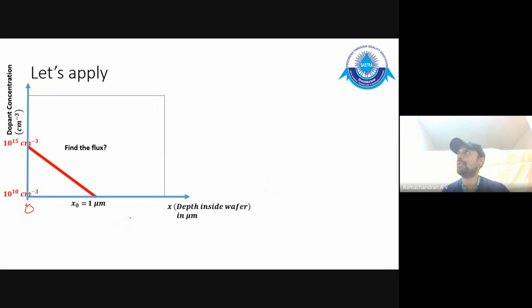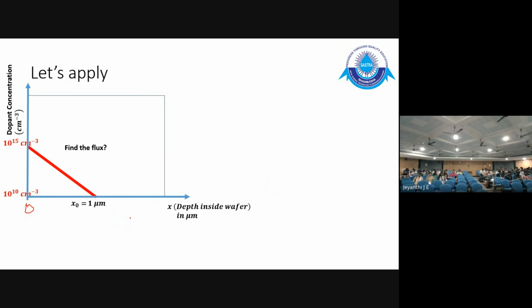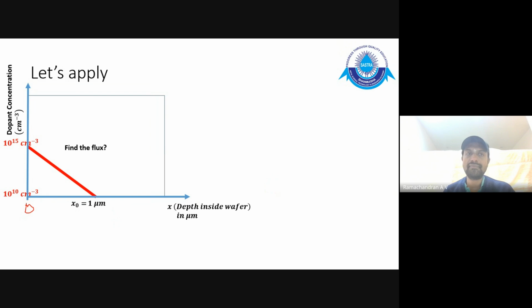Yes, please note down this problem and tell me, do you need any parameters to find the flux? Do you have all the parameters?